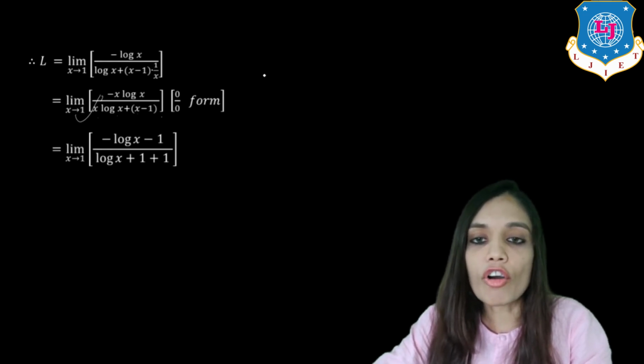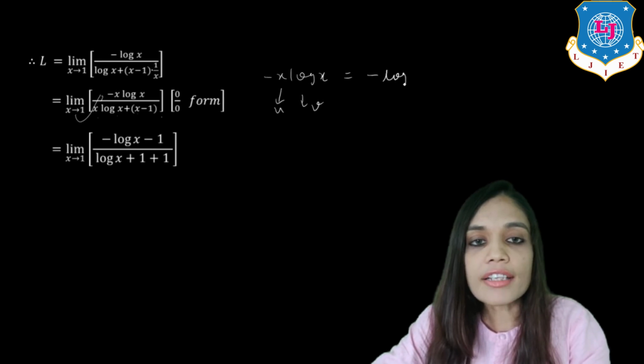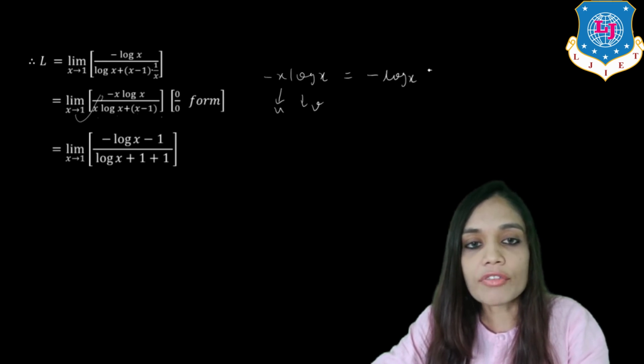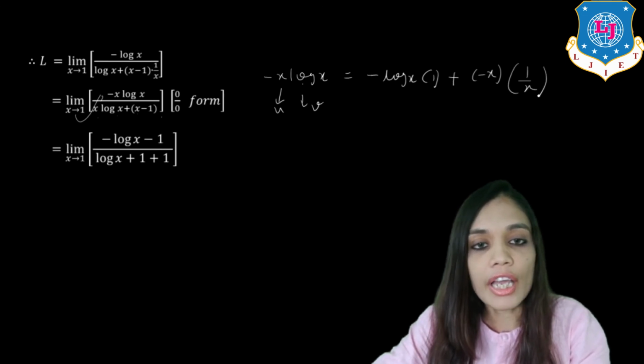So derivative of minus x log x by applying UV rule will be equal to, keep minus log x as it is, derivative of x will be 1. Now plus, keep minus x as it is, and derivative of log x will be what? 1 upon x.